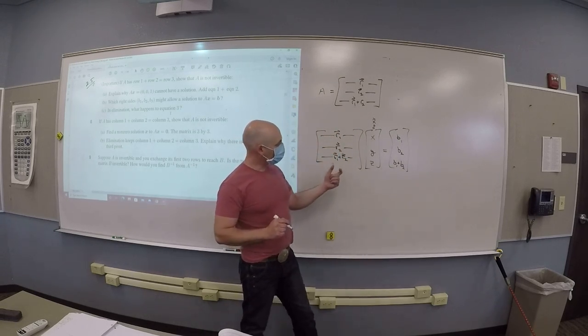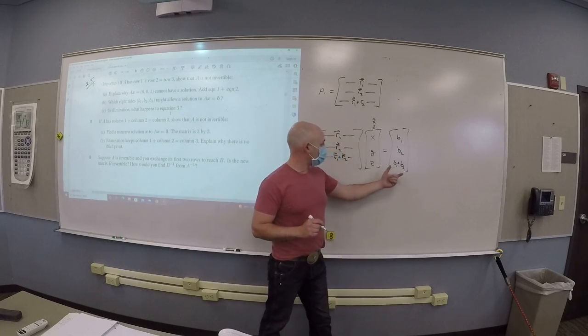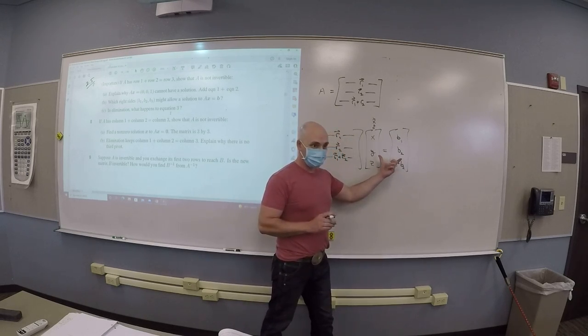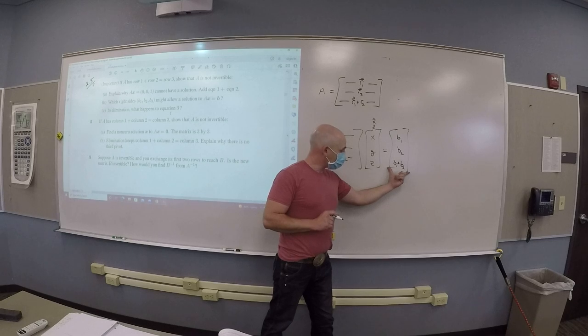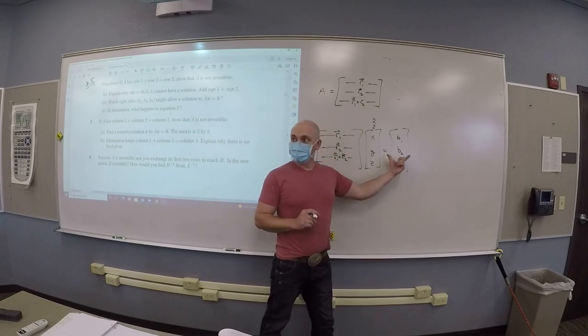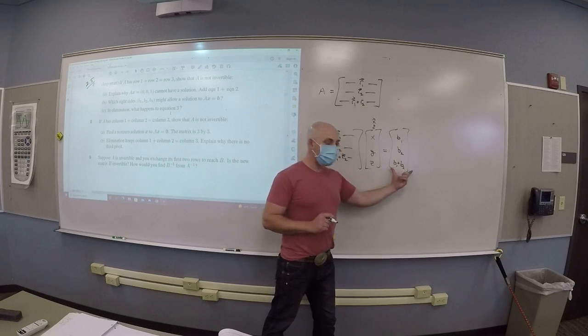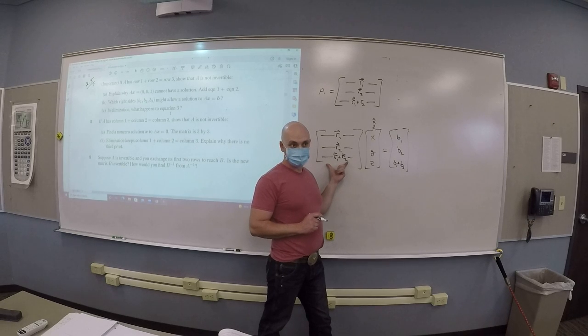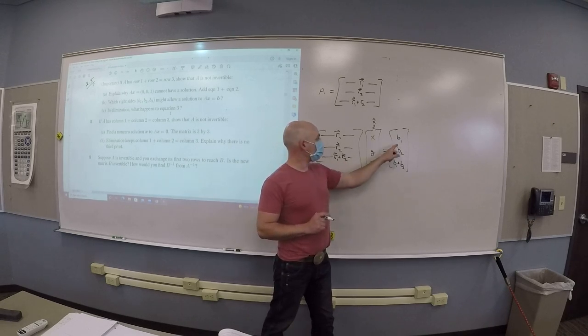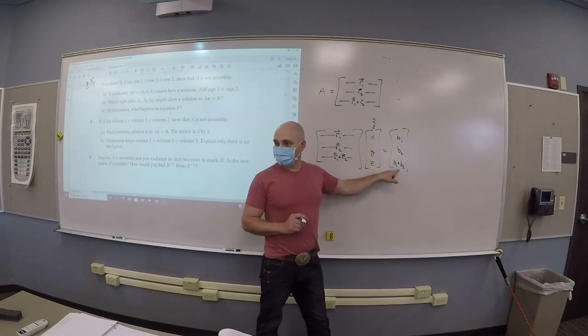Okay, just because we're going to get into this a little bit later, vectors like this are the range. You guys see that? So I'm only going to be able to solve this if the vector on the right hand side is in the range of my matrix A. Arbitrary vectors B1, B2, B3 are things in the codomain.